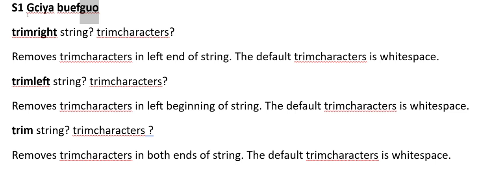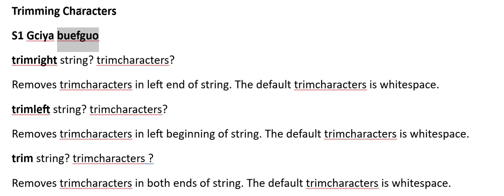Here we want to remove on both sides, so we are giving GCI space GUO. Then it will return the string as YA space BUEF. This is how it will return.